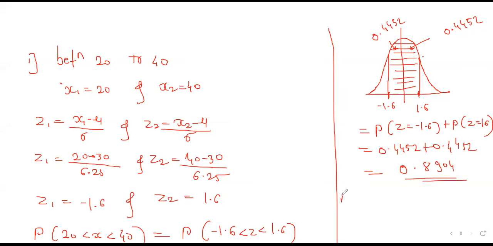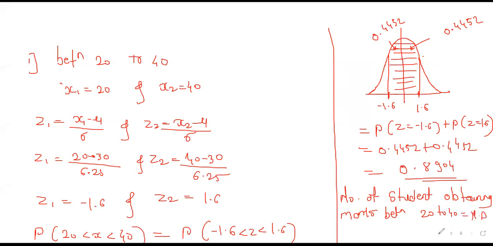So the number of students obtaining marks between 20 to 40 is equal to capital N into P, where N is 2000, into 0.8904, which is equal to 1780.